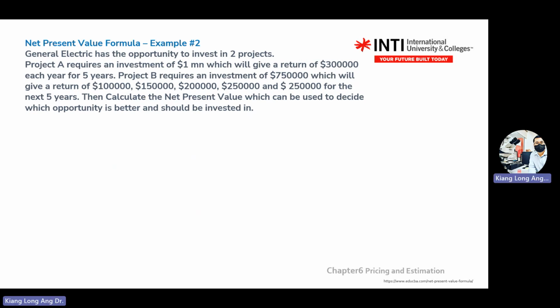Okay, so this is an exercise. You should be using the second equation that we mentioned just now. Build the table. So you should have table A and table B. You have your K value, then your initial investment.